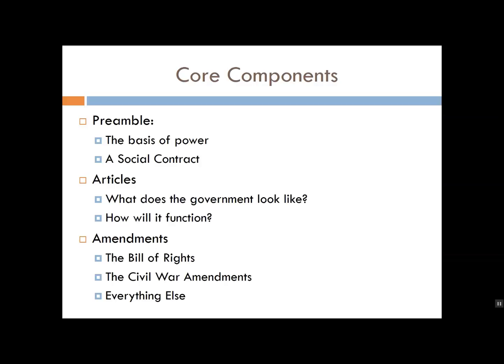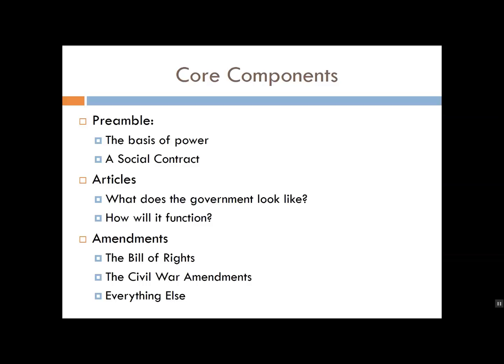The other 4 articles cover interstate relations, the process for amending the Constitution, the hierarchy of laws, which we'll talk about a little bit more in the next video, and the process by which the Constitution would ultimately be ratified. What the articles do not do, however, is provide us with very much information about our role in all of this.